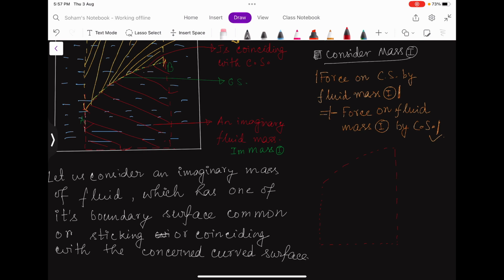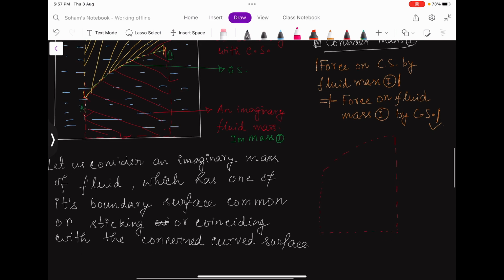Let us consider that the force on this fluid mass in the horizontal direction is Fh, and the vertical component of the force is Fv.